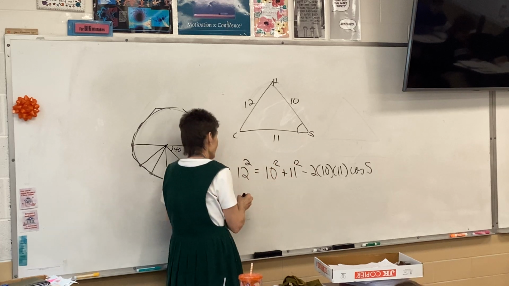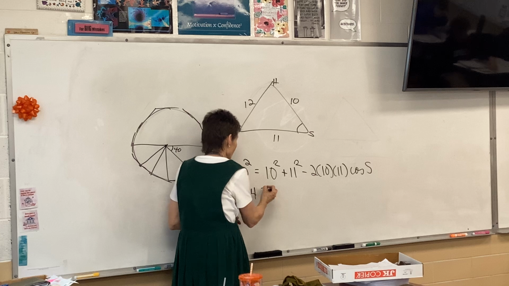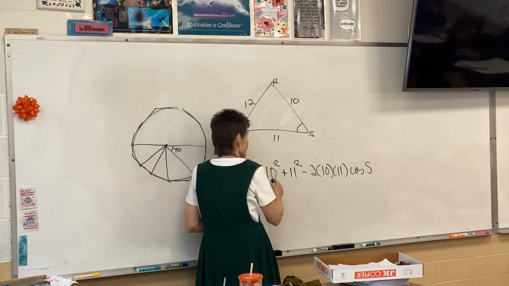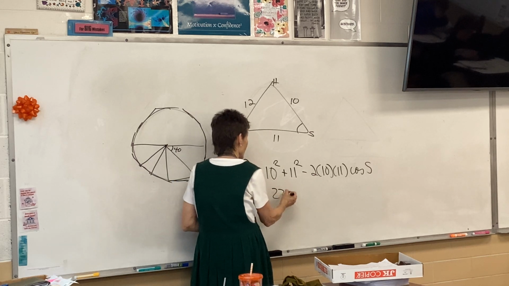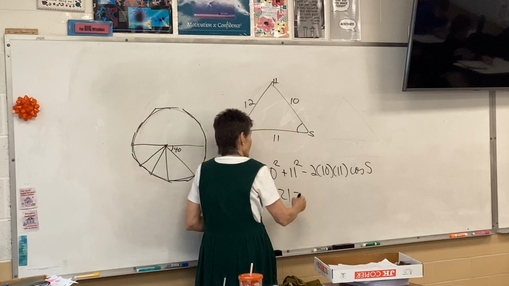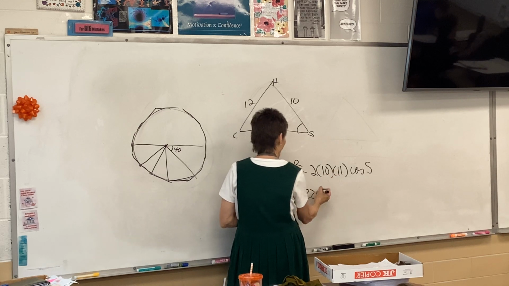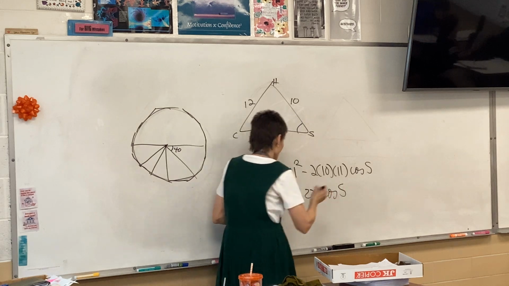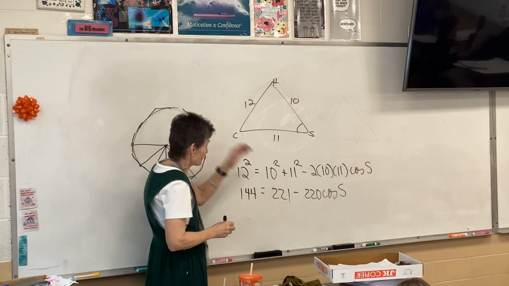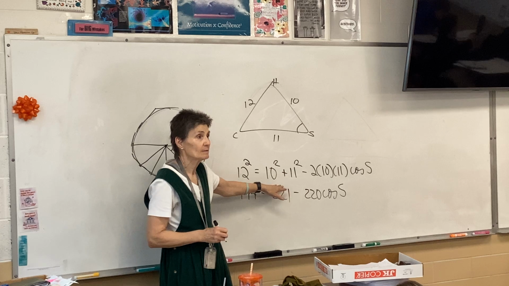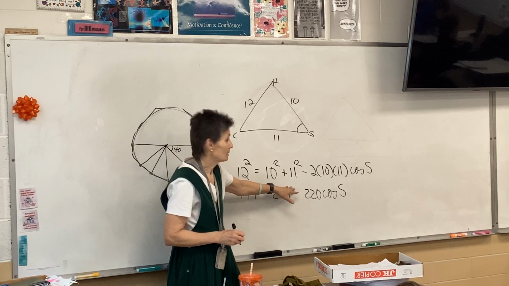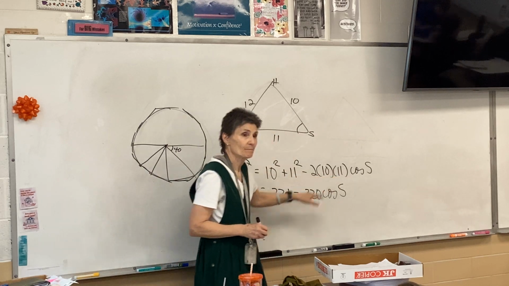So I know 12 squared is 144. I'm going to add these two together, so it is 221. I'm going to multiply these, which is what? 220. I'm doing that in my head, I hope it's right. I added these two together, right? Multiply those.